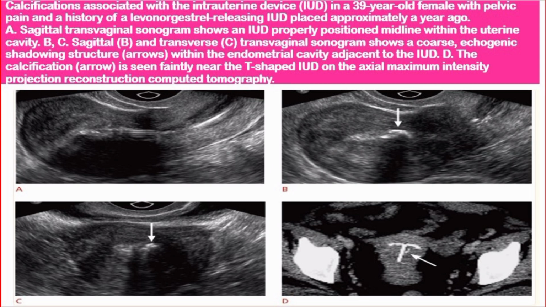B and C, sagittal B and transverse C transvaginal sonograms show a coarse echogenic shadowing structure within the endometrial cavity adjacent to the IUD. D, the calcification is seen faintly near the T-shaped IUD on the axial maximum intensity projection reconstruction computed tomography.